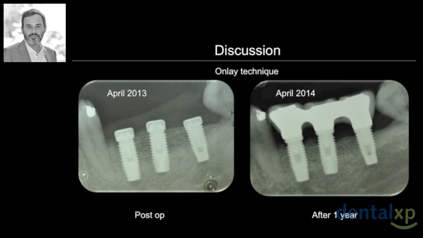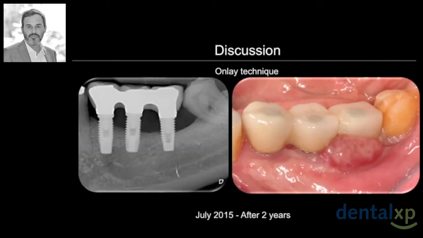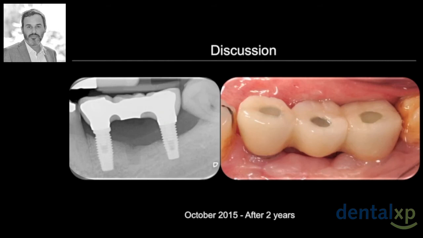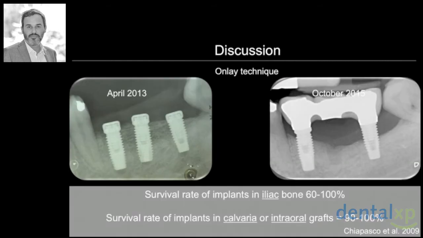What went wrong? Look, after 2 years of loading, we lost 1 implant. But the literature confirms this. If you use the onlay block in the posterior mandible, you have the problem.